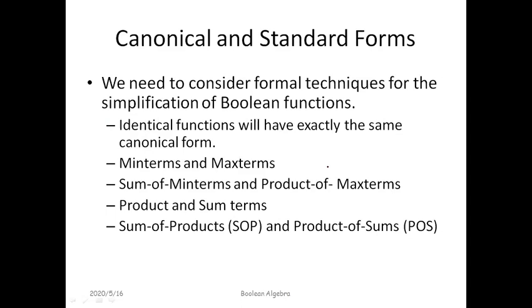Then we'll look at the min terms and max terms, the sum of min terms, the product of max terms, product and sum terms, then sum of products and product of sums. That is the SOP and the POS.